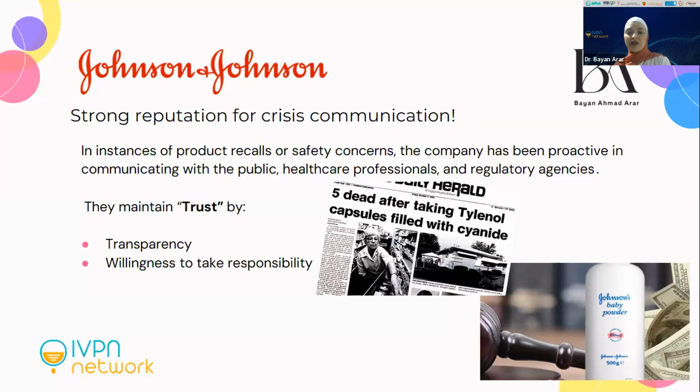We also have other parties to deal with, which are the regulatory agencies. So whenever any safety issue comes up, regulatory agencies start telling Johnson & Johnson to recall their products from the market, to prevent anyone from using them.